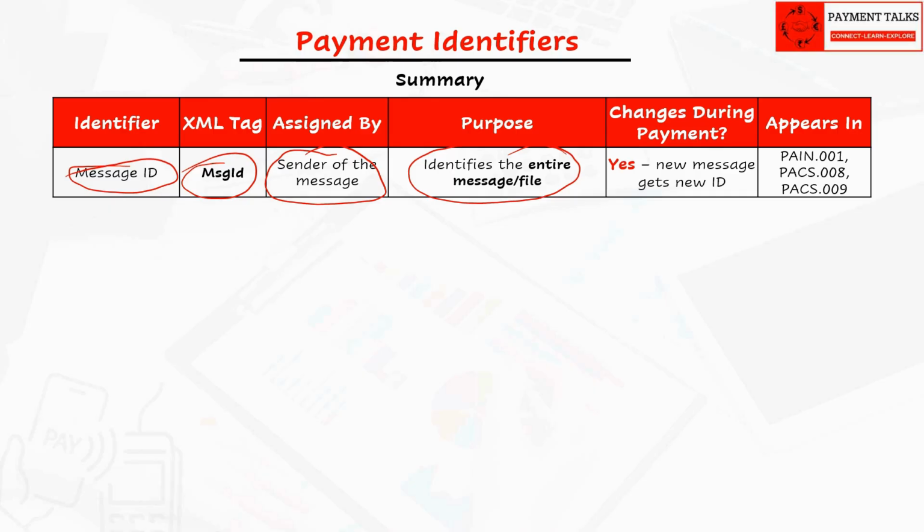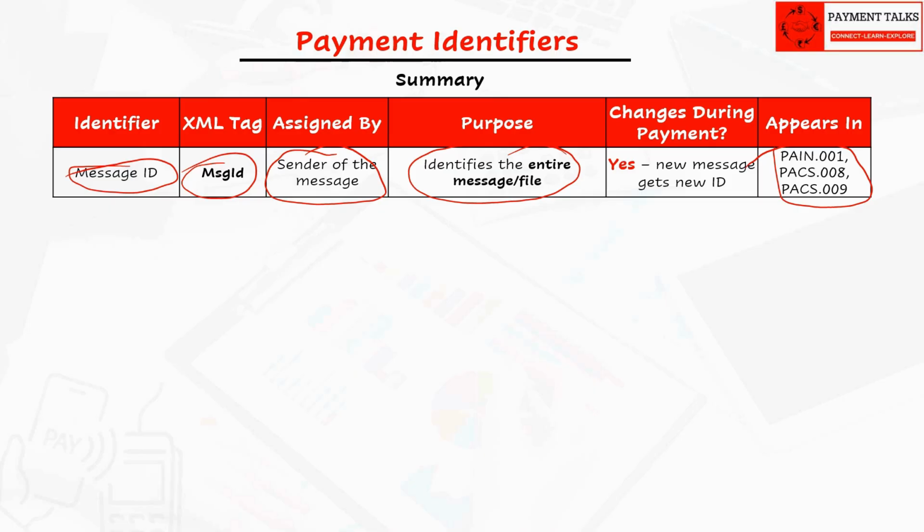Whether a corporate, a bank, or a payment system assigns their own message ID to every message they create. Where it appears? In the group header of all ISO payment messages, PAIN.001, PACS.008 and PACS.009. What it covers? The entire message, which may contain multiple payment batch instructions and multiple individual transactions.